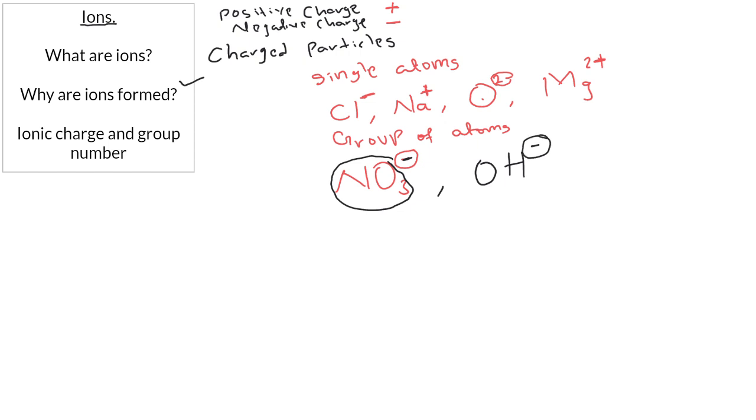Now, please note, in chemistry, if you see two elements written together this way with a negative sign on top, the negative sign is not just for hydrogen, it's for both elements.